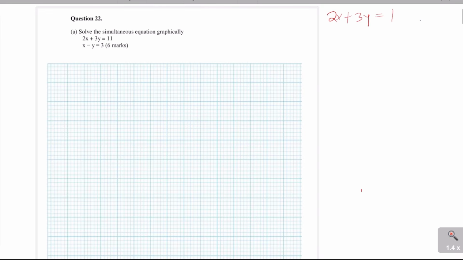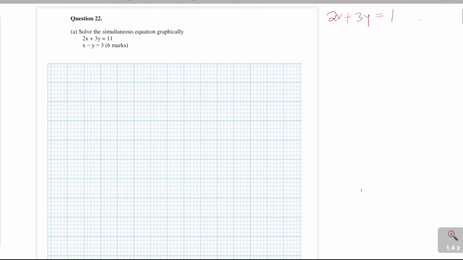Then you also draw the other straight line, x minus y is equal to 3. Once you've drawn them, you check the point of intersection of those two lines. Where they intersect gives the solution.